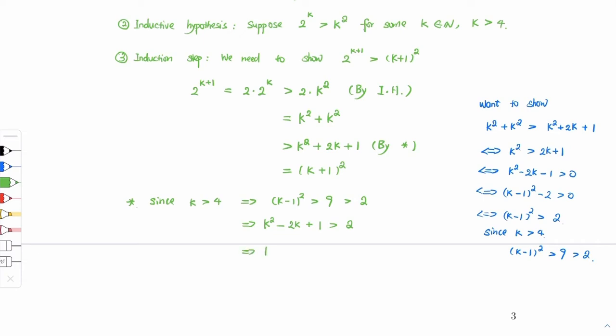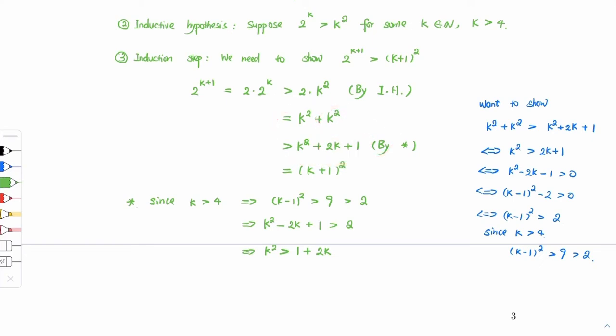So k squared is greater than 1 minus 2k. Is it? 1 plus 2k, sorry. Yeah, you move this to the other side. k squared is greater than 1 plus 2k. So that shows that this step is true. Okay, so this is greater than this. So this whole thing is greater than that.